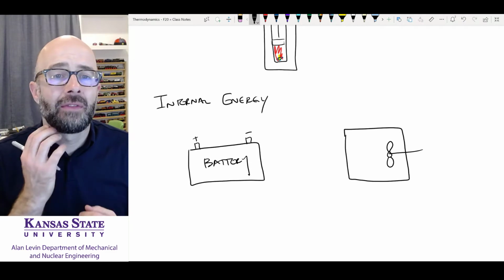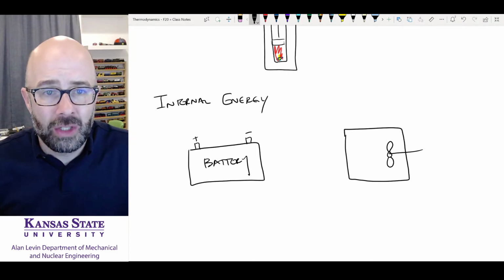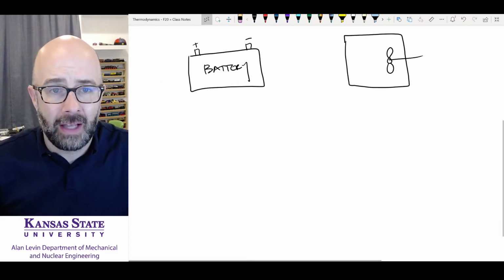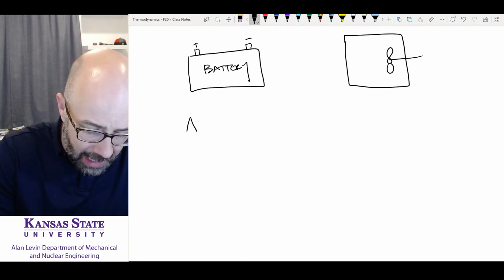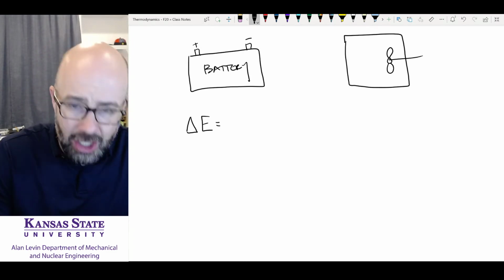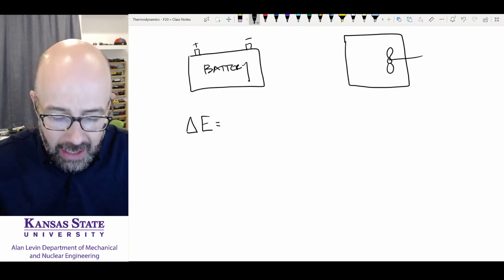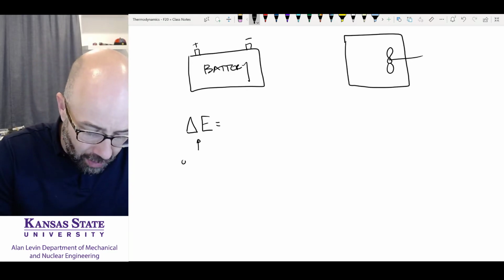So now we have three types of energy that we want to look at in this class so far. And I'm just going to call it the change in energy, overall E. So let's say this is the overall change in energy.